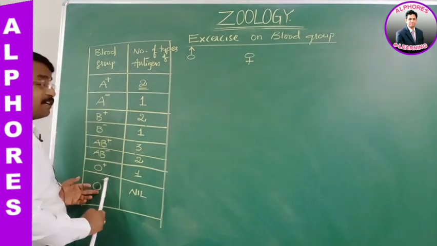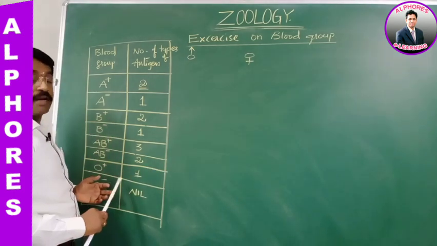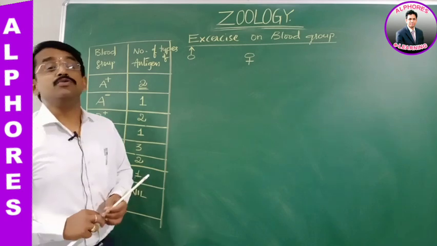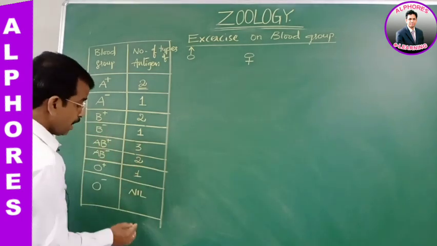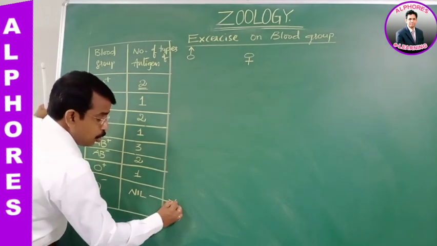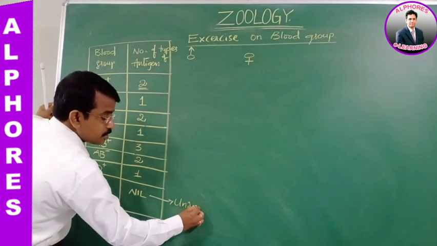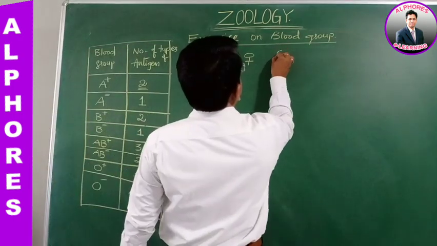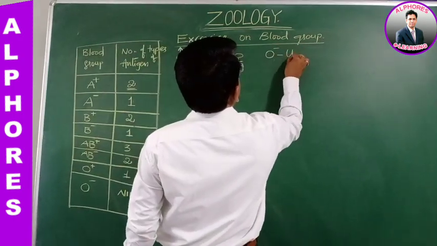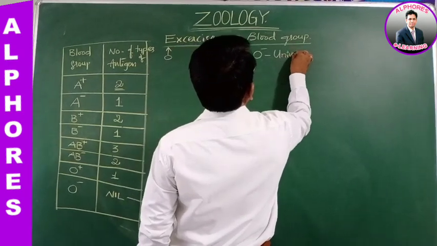So O negative, if it is there, is considered to be the universal donor. Why? It is without antigens. So O negative is said to be the universal donor.